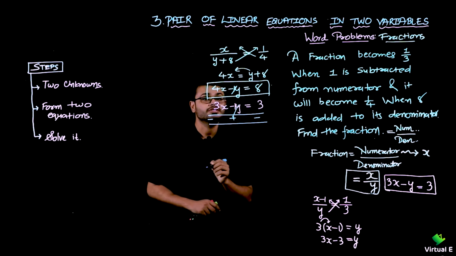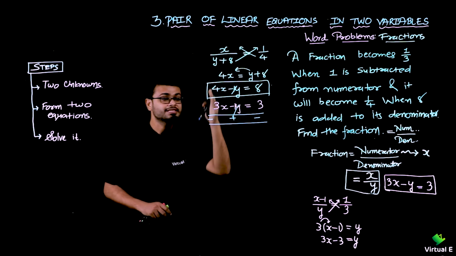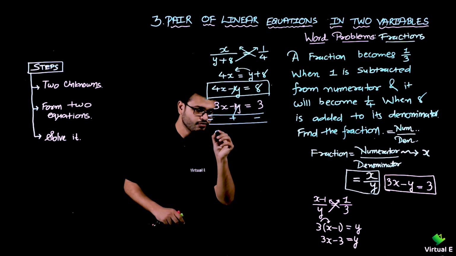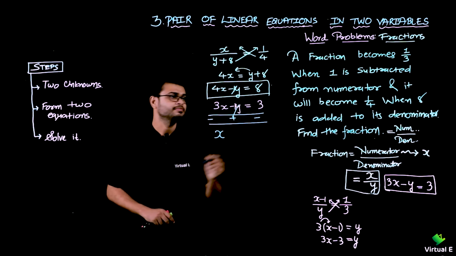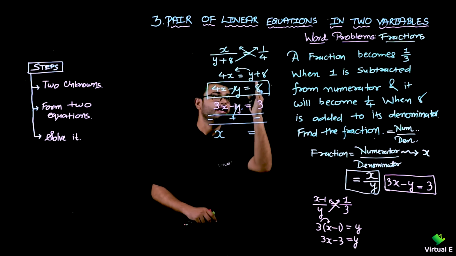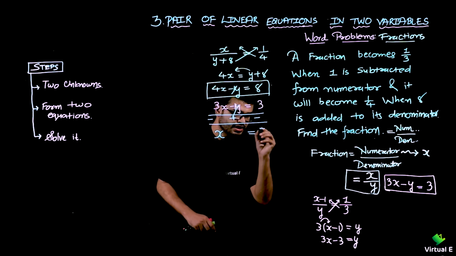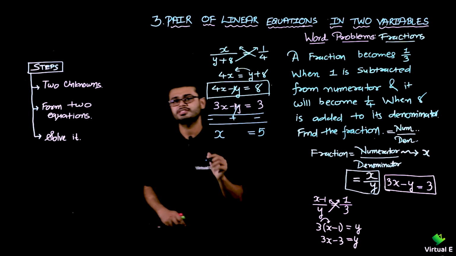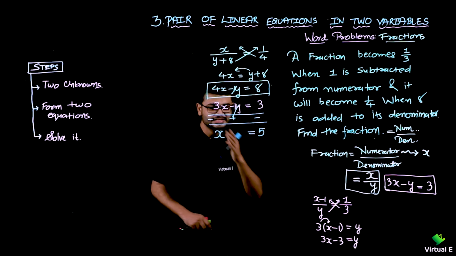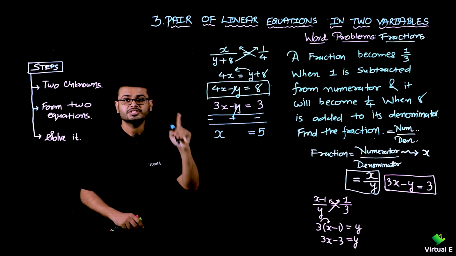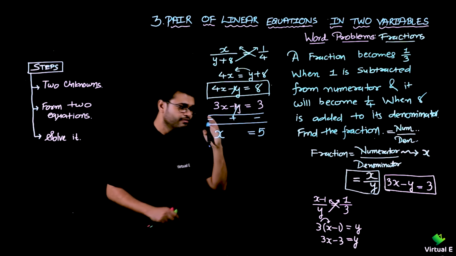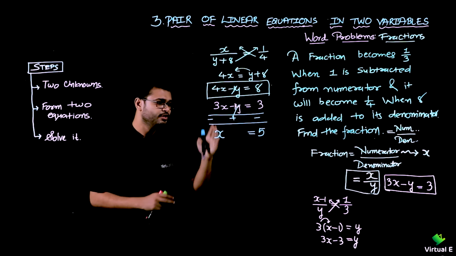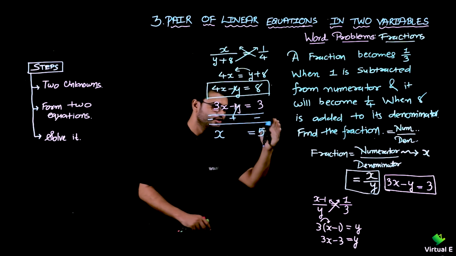So this y is also cancelled. Now 4x minus 3x will give you only x. And here 8 minus 3, which is 5. See, x is equal to 5. First unknown, we have got the value. First unknown is known. So x is equal to 5.